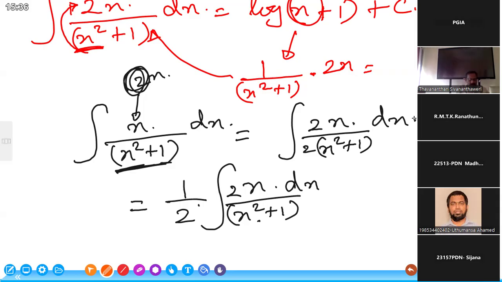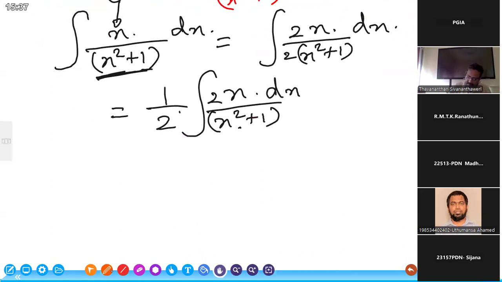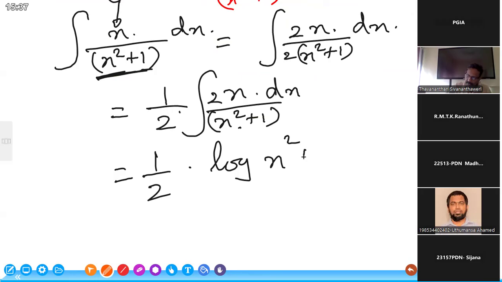Any questions? We can continue further. So this is equal to half, which is already there, into log of x square plus 1, plus c.